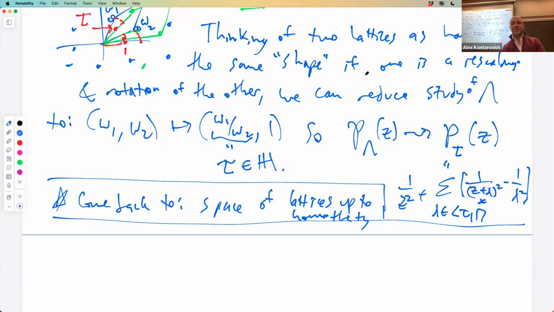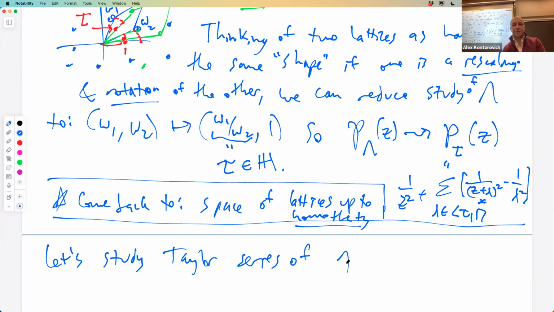So that's this rescaling and rotation has a fancy name. Let me come back to that. First, let's study Taylor series of P tau or P lambda of Z near Z equals 0.